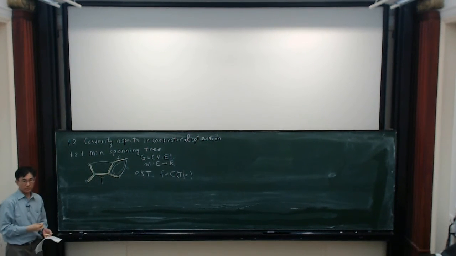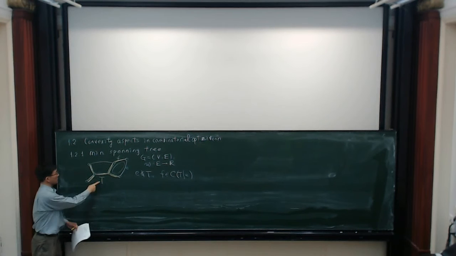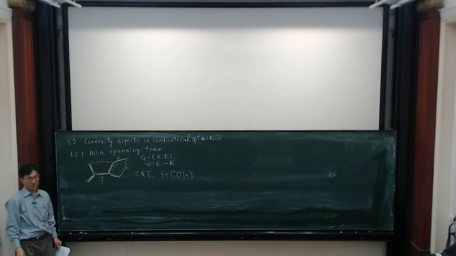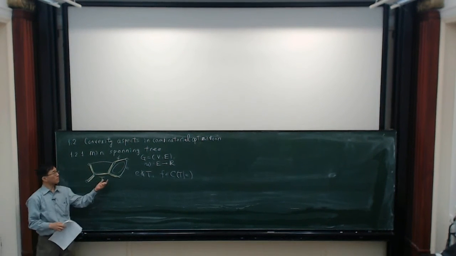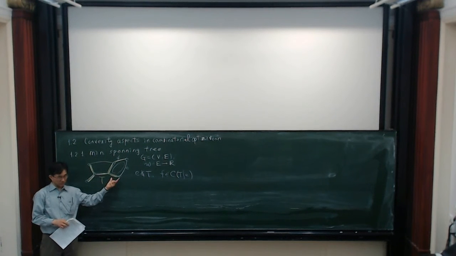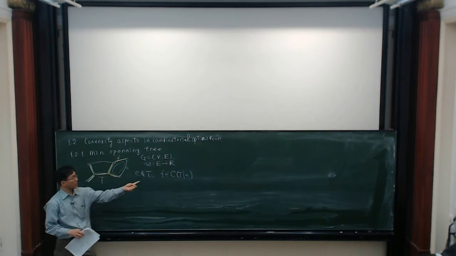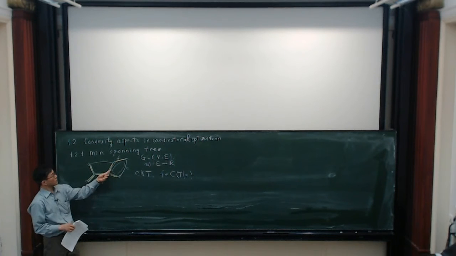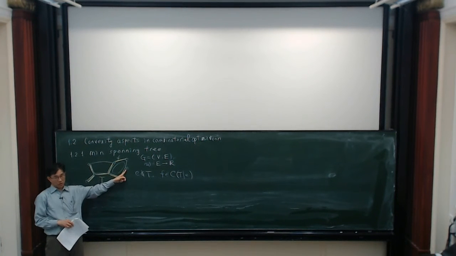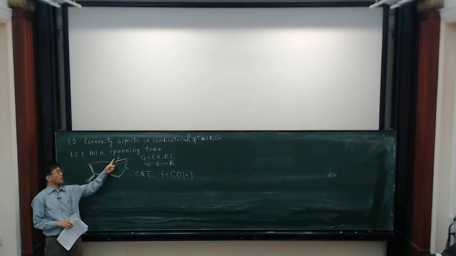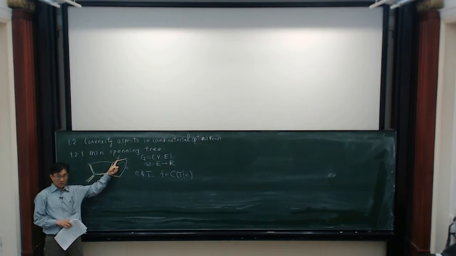Then what should happen? If this is minimum weight, we should not be able to improve the weight or decrease the weight by exchanging E and F. Since F is in the fundamental circuit, if we take E and then throw away F, then we still have a spanning tree.